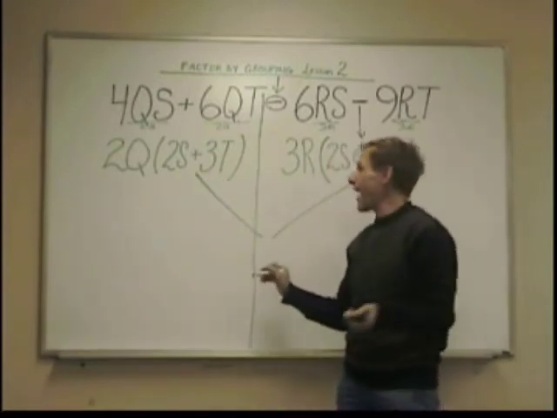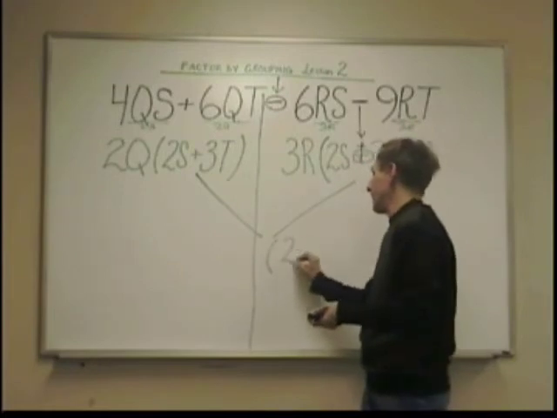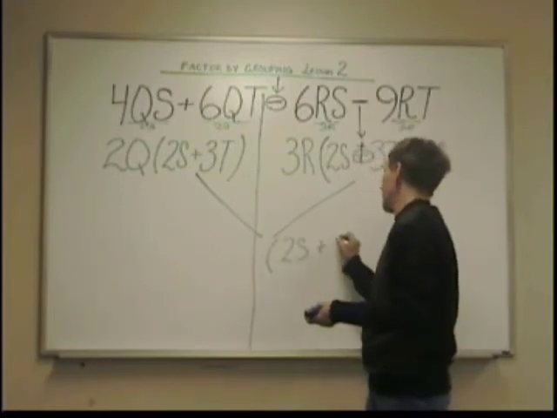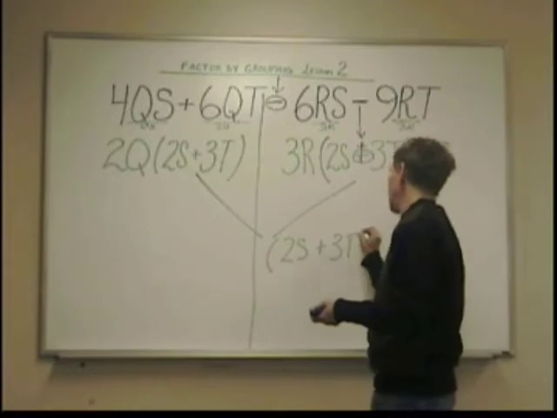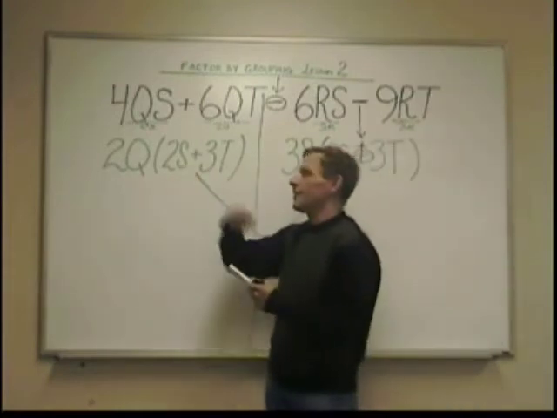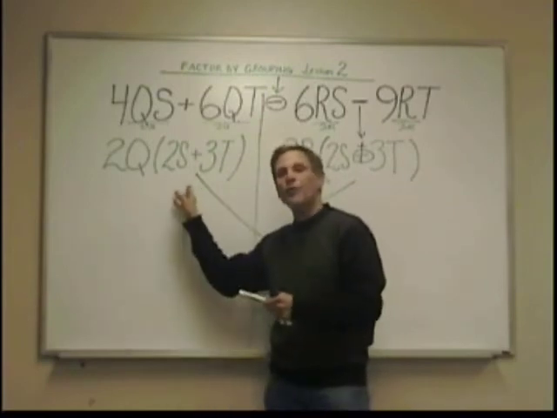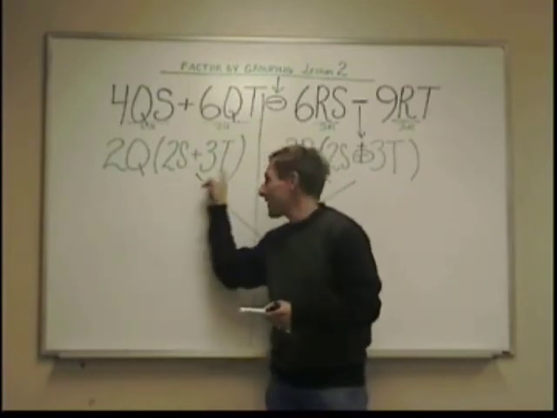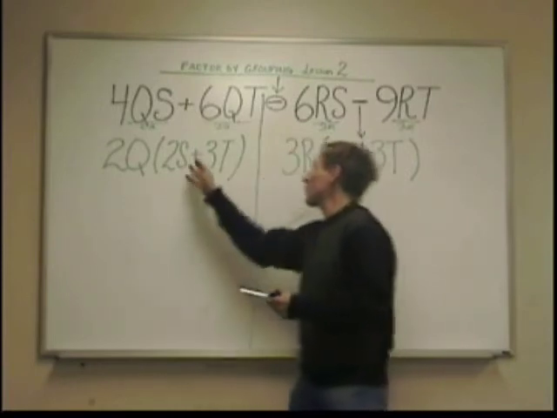That is one of the factors, the 2s plus 3t. And chances are, if you did the first part right, that would already be one of the factors right there. 2s plus 3t.